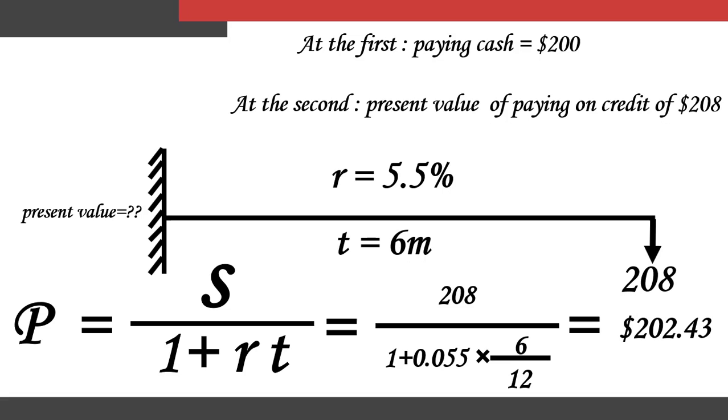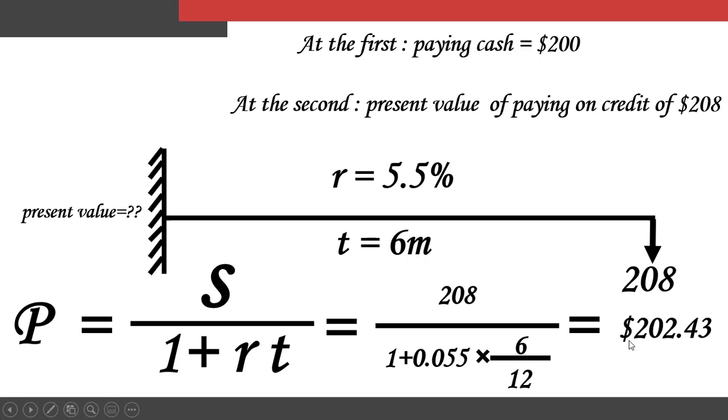So we need to get the two prices at the same point of time, which is now. The cash price equals $200, so we need to get the future amount $208 now by using formula B equals S divided by 1 plus RT, so B equals $202.43.